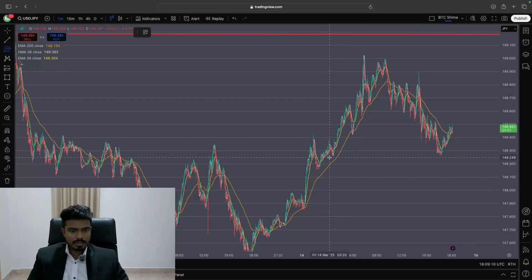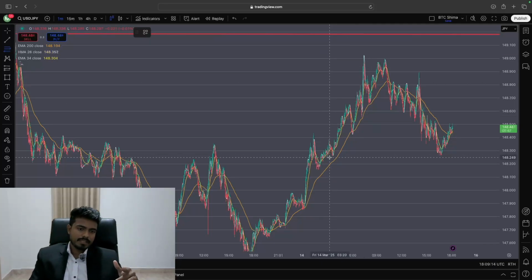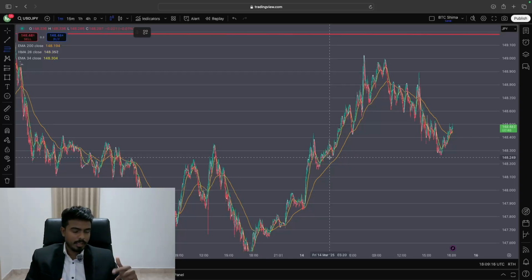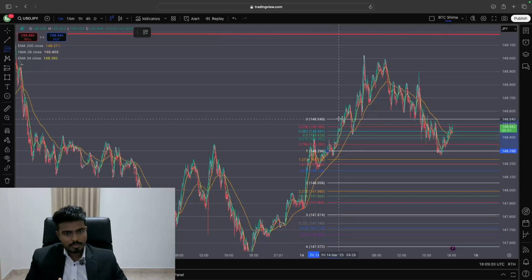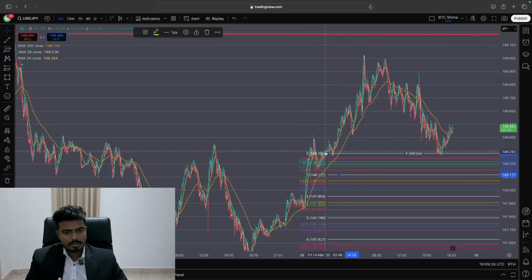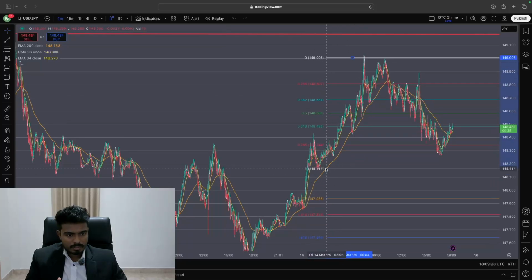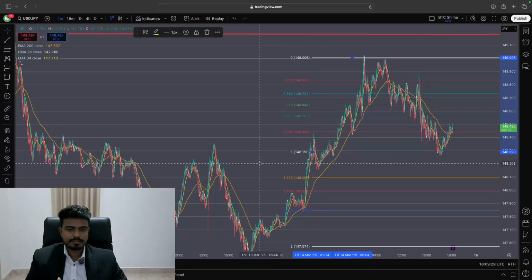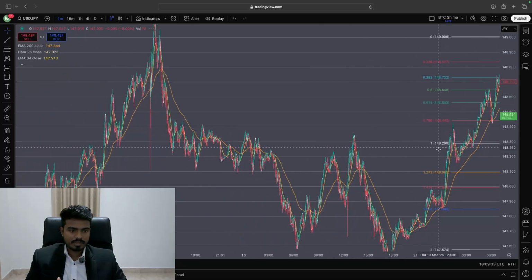So as in the previous slide I talked about downtrend, first my 0 should come this way, 0 this way, and the 1, it means this one. So it's a downtrend. So here there's a support.